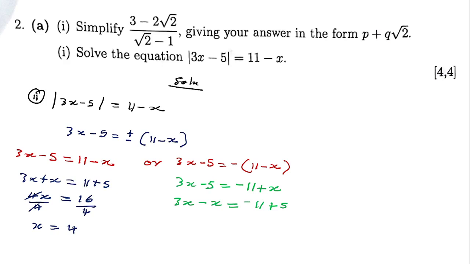When we work this out, we can simply say 3x minus x is simply 2x, and this should be equal to negative 11 plus 5, which is simply negative 6, and then over 2. The 2 and 2 will go, so x will simply equal negative 3.